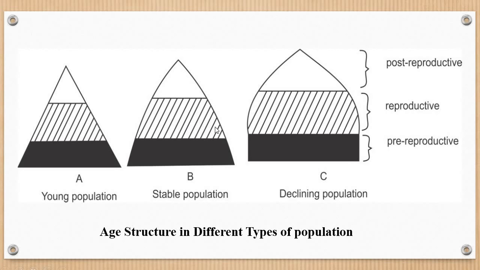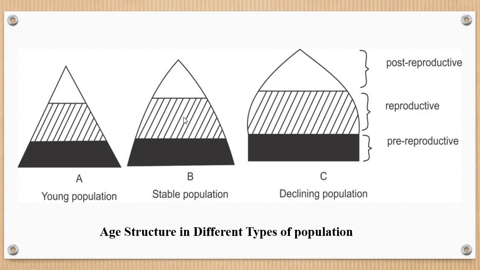The bell-shaped polygon is the pyramid in which the population shows an equal number of young and middle-age group individuals. So the pre-reproductive and reproductive individuals are almost the same in number, and post-reproductive individuals remain smaller as compared to the reproductive and pre-reproductive individuals.